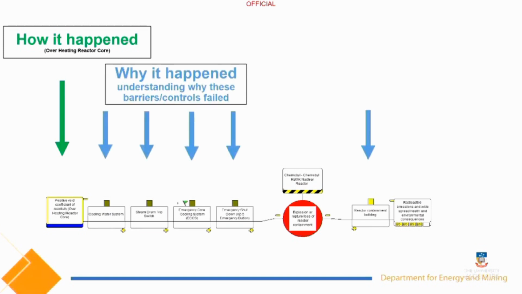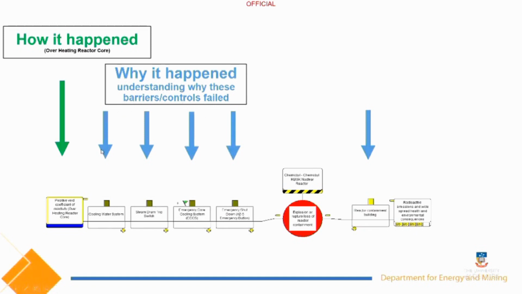I want to also explain to you the why it happened, understanding why and where. Well, I won't be explaining the why, you'll be explaining the why, but where the focus will come, and I'll be explaining the how, what all these different controls, which failed, how they failed.